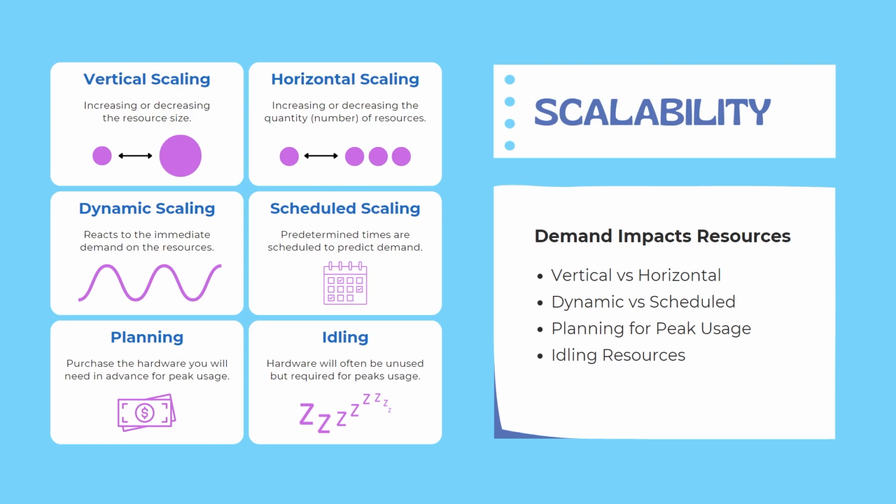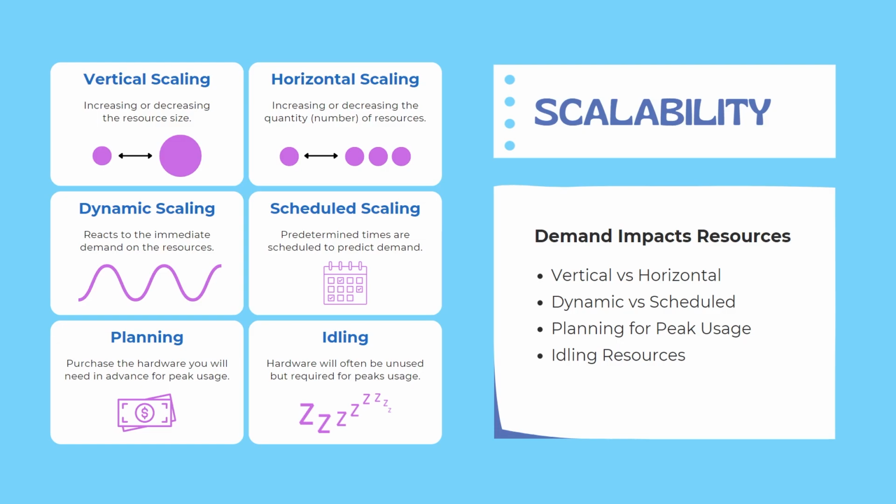That's what we call dynamic scaling. So we have high traffic, low traffic scenarios. So in this situation, horizontal scaling is ideal for this type of scaling, right? So we have ups and downs. So we can add resources, we can take away resources.